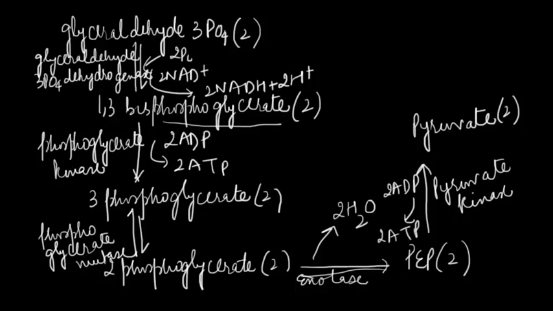So this is the payoff phase of glycolysis, and in this phase we found that 4 molecules of ATP get formed, but the net ATP formation in glycolysis is only 2, as 2 molecules of ATP are already invested in the preparatory phase of glycolysis.